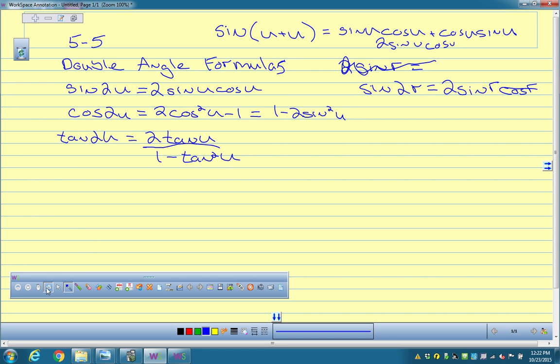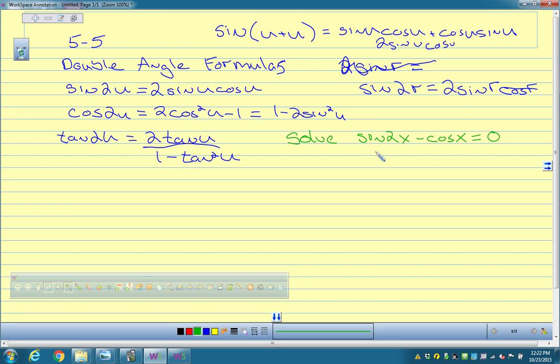So anyway, we're moving on. You'll see some problems that say solve, and you're supposed to use these double angle formulas to solve things like this: solve sine of 2x minus cosine x equals 0.